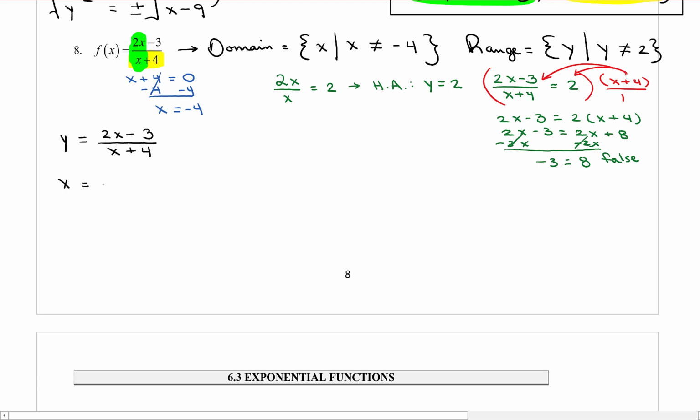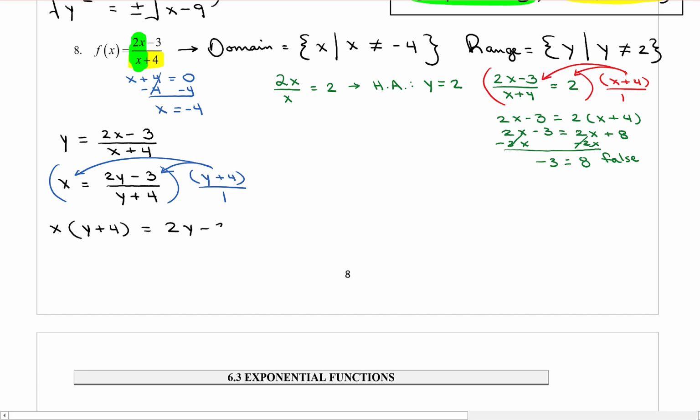Now, let's go ahead and find this inverse. Replace f of x with y. Interchange the x and the y. Now solve for y. Multiply through by the LCD. I'm going to get x times the quantity y plus 4 is equal to 2y minus 3. Distribute your x.